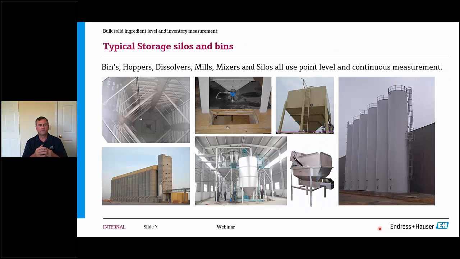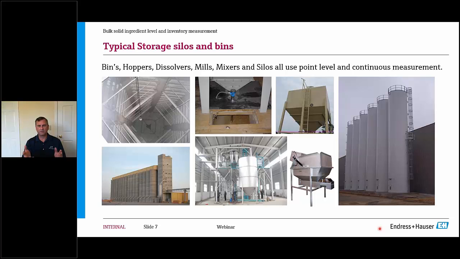For solids in particular, there are many different sizes and shapes and materials of construction used when we're looking at bins and silos. Here's just a couple of examples of what you might run into. You have large concrete silos. You have smaller steel or stainless steel bins.